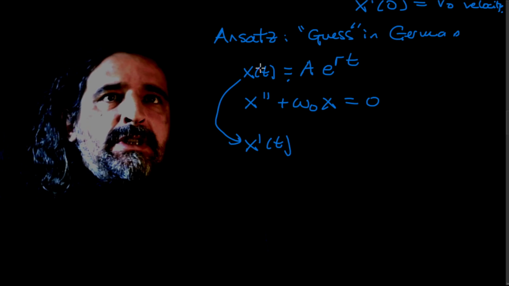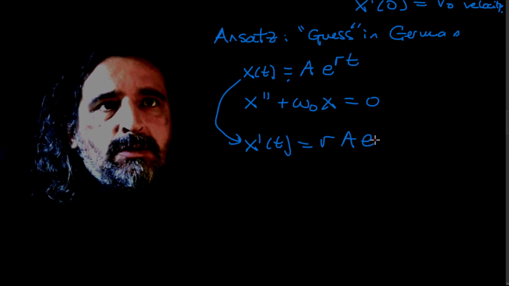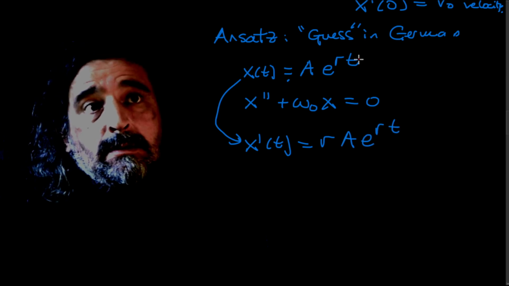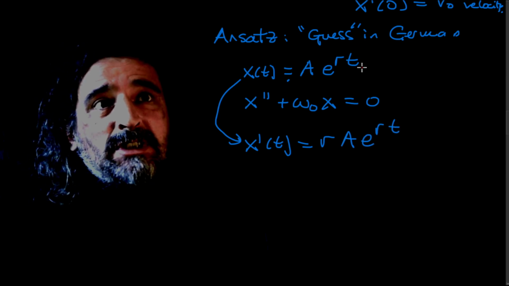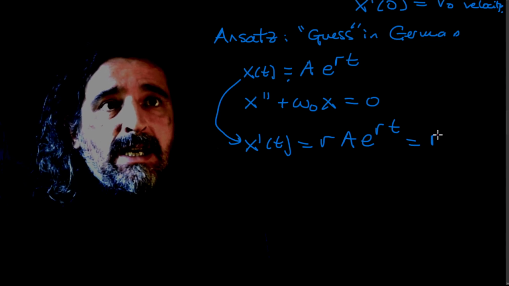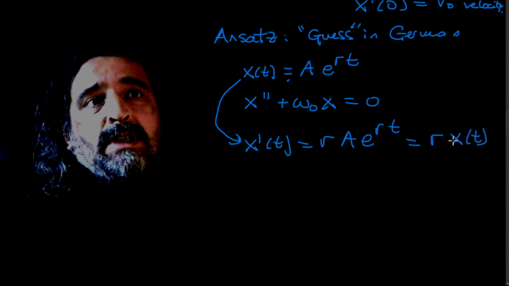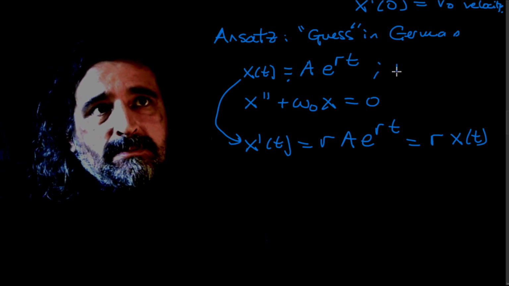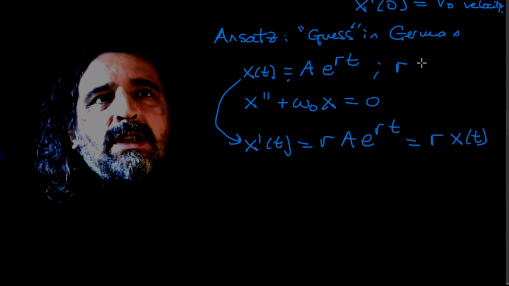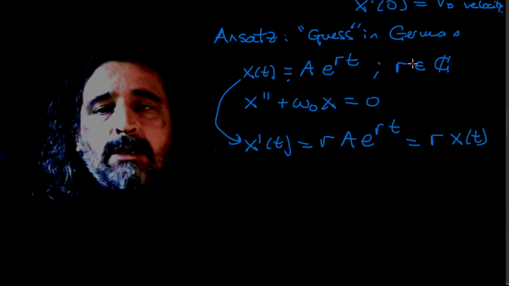Given x of t, x prime of t is r times a e to the rt. If you take the derivative with respect to t of this function, you get r times x of t, and r is a constant. Actually, I'm going to assume that it's a complex number for the time being. It can be real or complex, it doesn't matter.